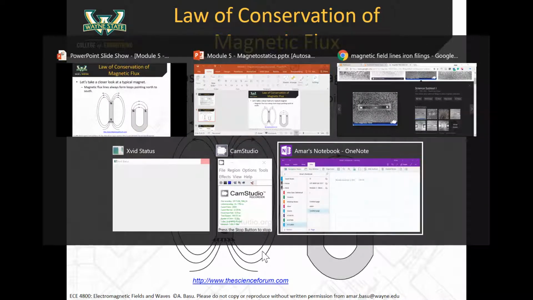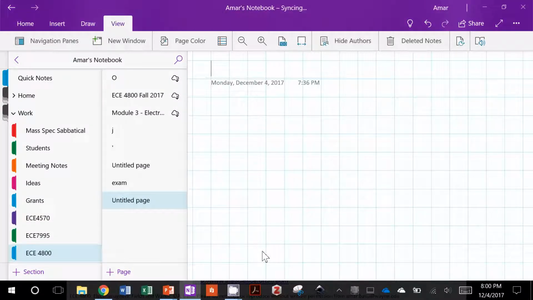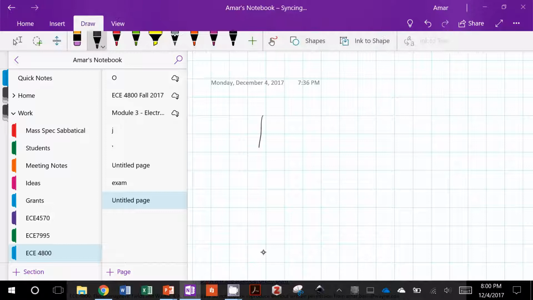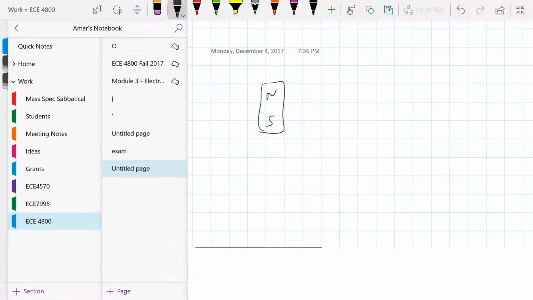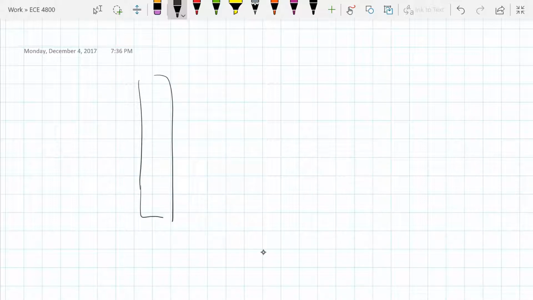This is an important point. I know that you all have learned this in physics before, but in the context of electromagnetics, it is important. Let's say you have a bar magnet like the one that we just drew, north, south. You say, I want just a north pole, and you decide to cut this in half.